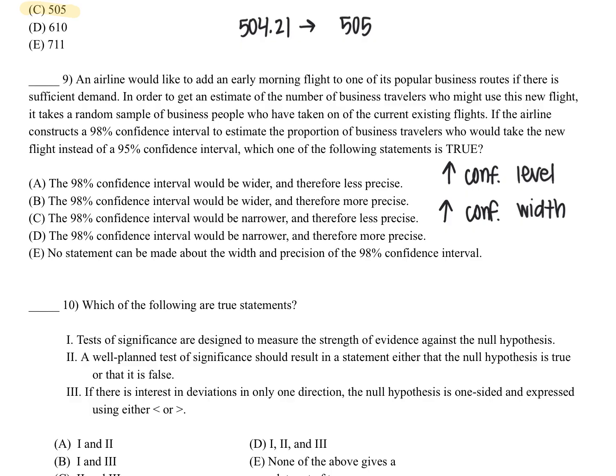So I'm looking for the ones that say that the 98% confidence interval would be wider, which means I can get rid of C, D, and E. So now the question just becomes, is the 98% confidence interval more or less precise? And the wider the interval, the less precise it is. So the answer is going to be B.